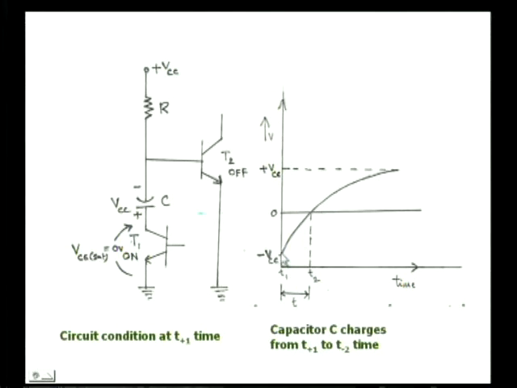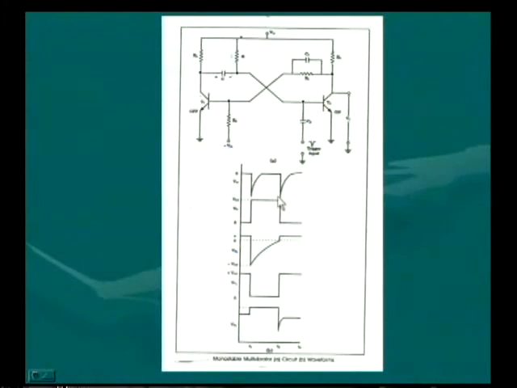So here the charging path is shown. The capacitor is charging from minus VCC to plus VCC. So this charging voltage or the charging current will be the input current to the transistor T2.